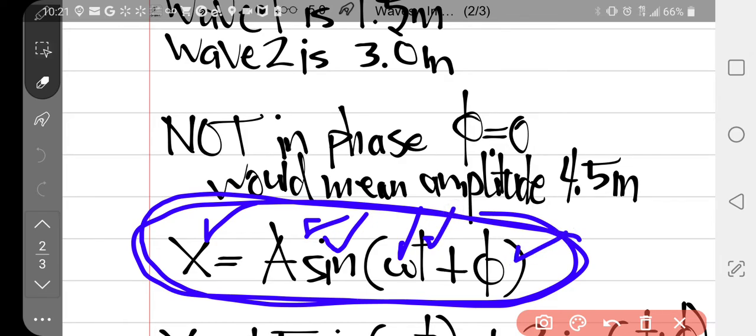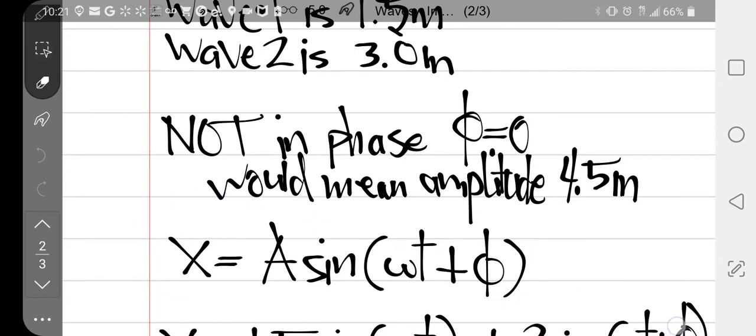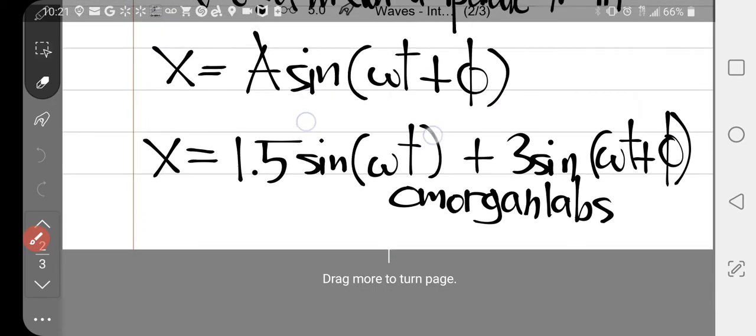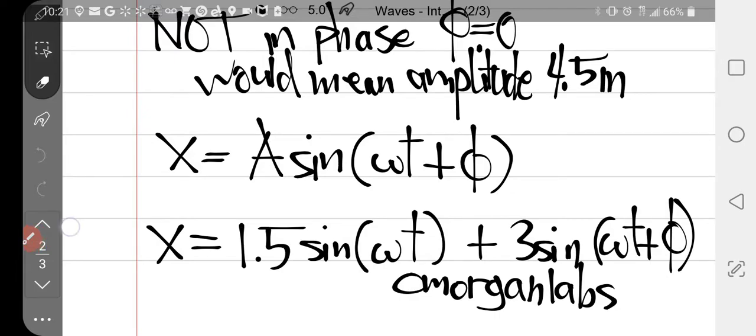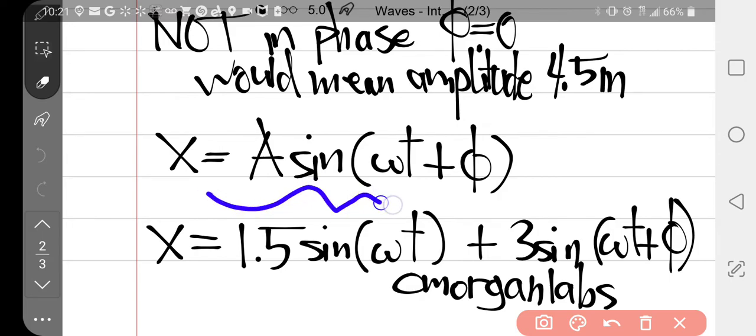That's what we're talking about today. We set up the equation for two waves, using the same basic formula.